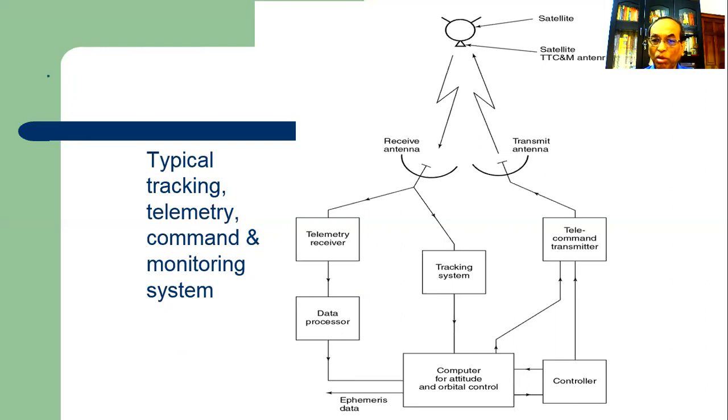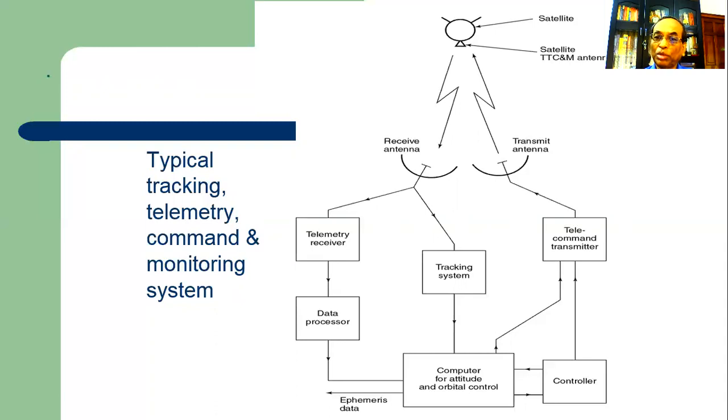And this computer will generate another signal which will go to the controller, and there will be a loop. It will correct it, and there will be several loops, so the controller will correct the signal and then send it to the telecommand transmitter.